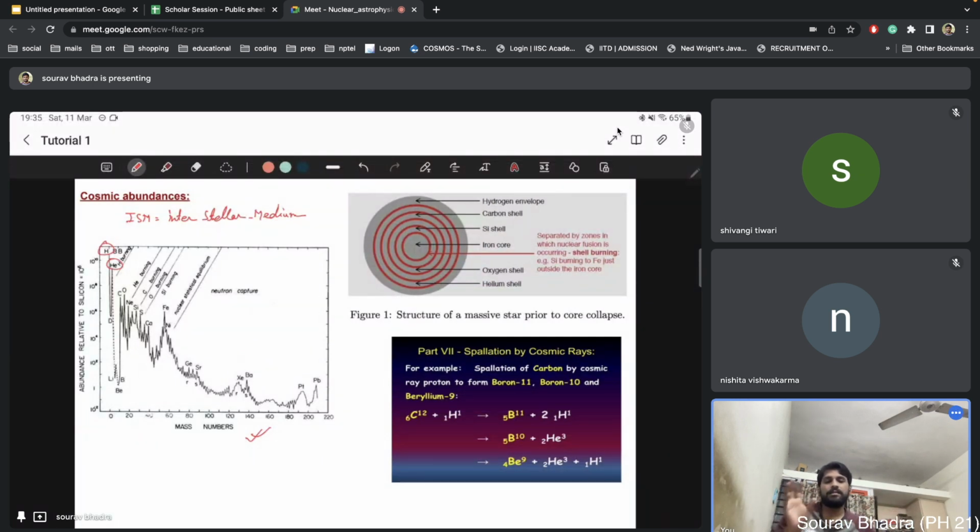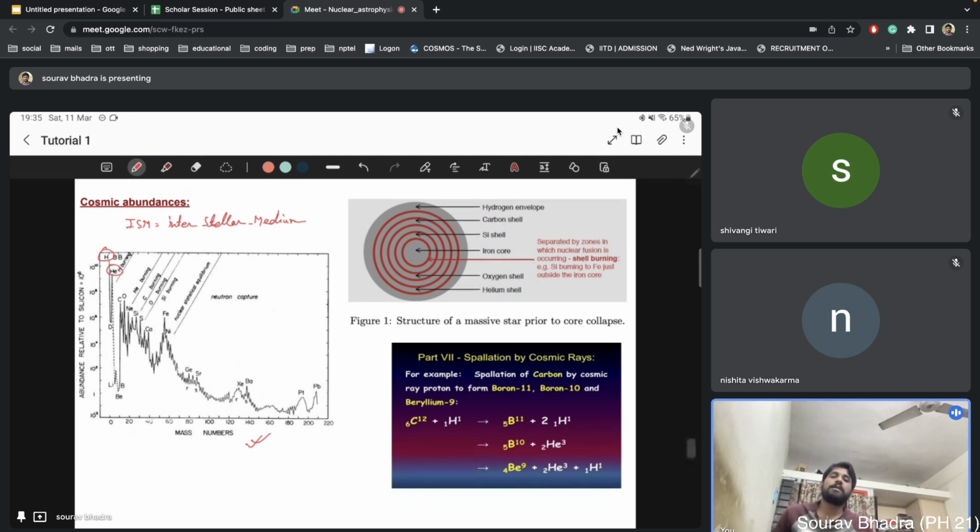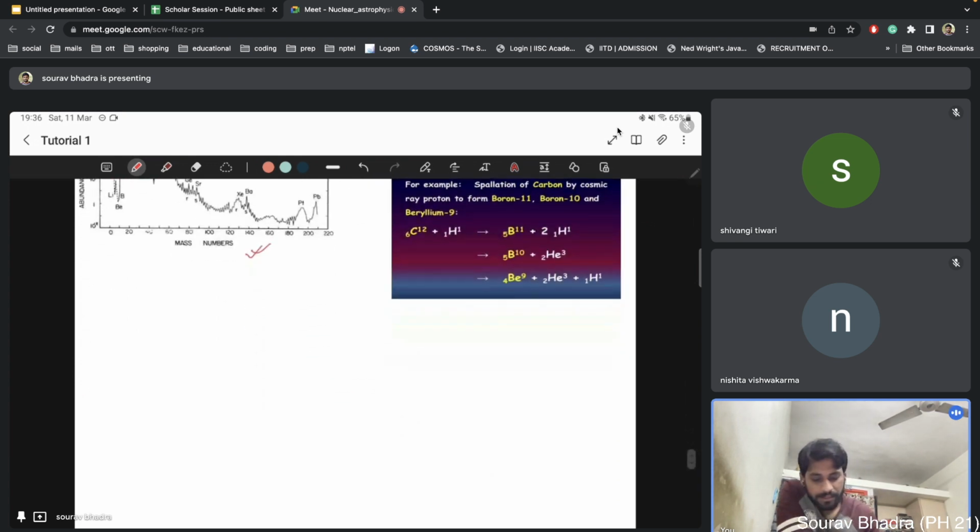So in that burning process, that is called the nuclear burning process, there will be several types of structure. This figure shows you the burning of the nuclear fuel inside the star. So the burning will start like this. This is the star, this is the core.